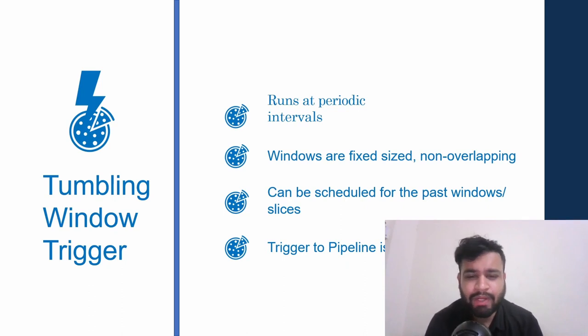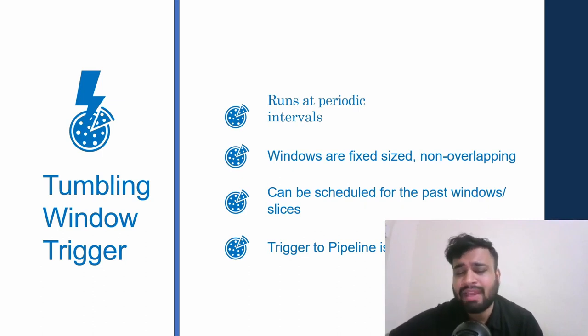And the tumbling window trigger will send the start and end times for each time window to that dataset, and it will also return all the data between those periods. And finally, the data for each hour or day, whatever you have set, can be saved in its own file or folders. So that was about the tumbling window trigger.